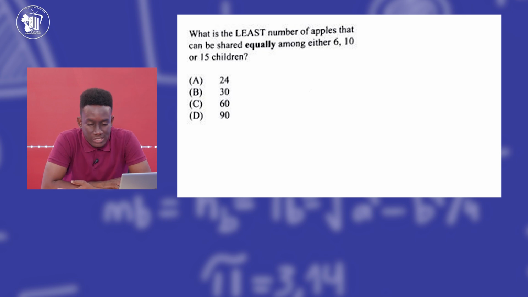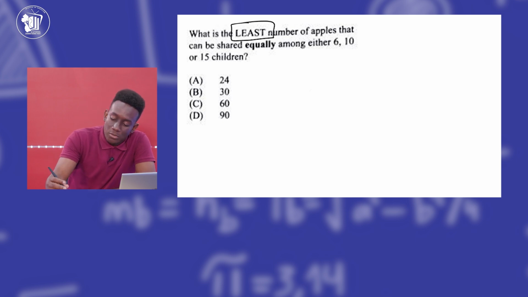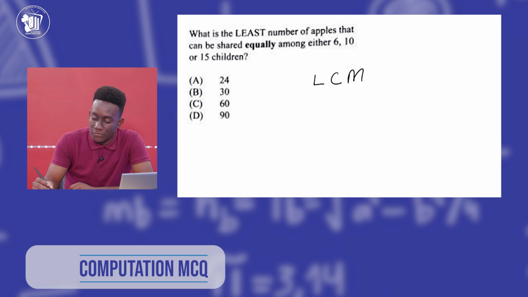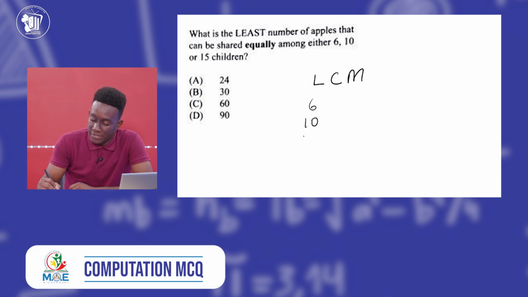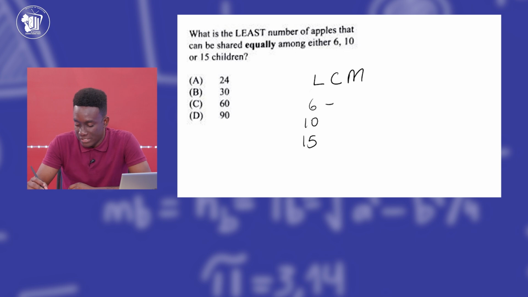And the next question says, what is the least number of apples that can be shared equally among 6, 10, or 15 children? They want the least number of apples, so we're talking about the lowest common multiple of 6, 10, and 15. Let's list some multiples of 6: 6, 12, 18, 24, 30.